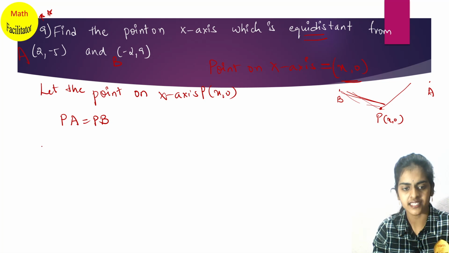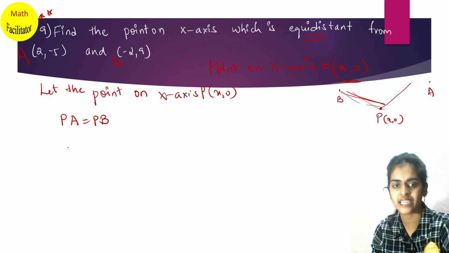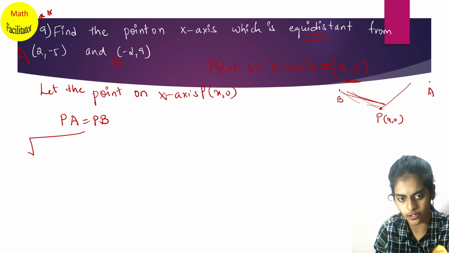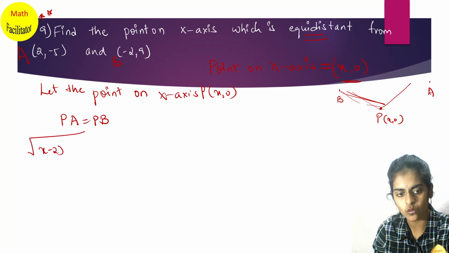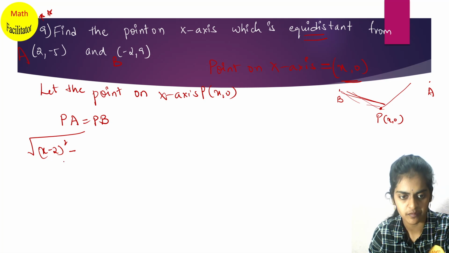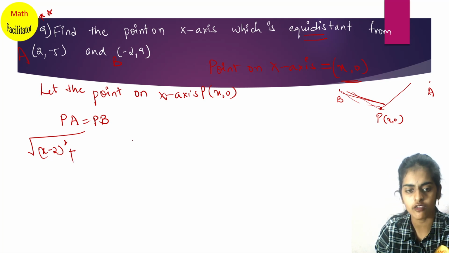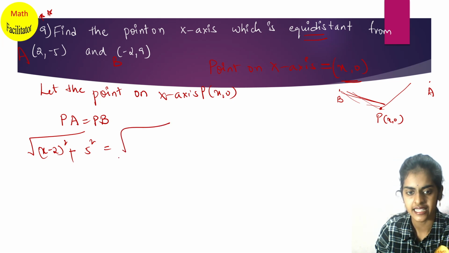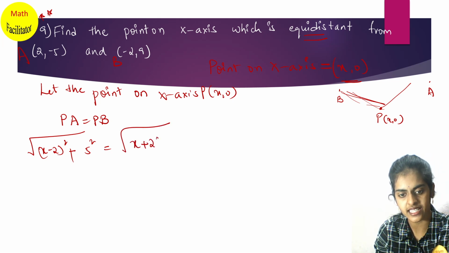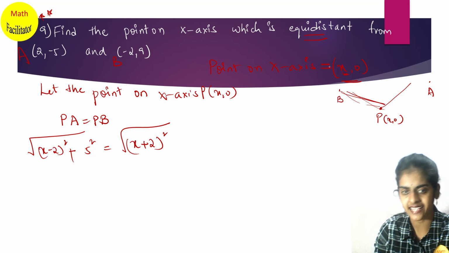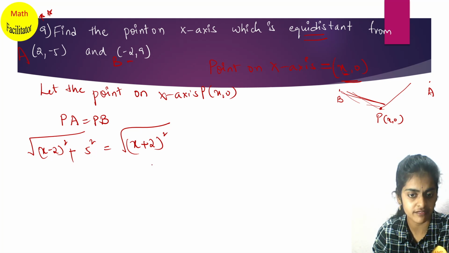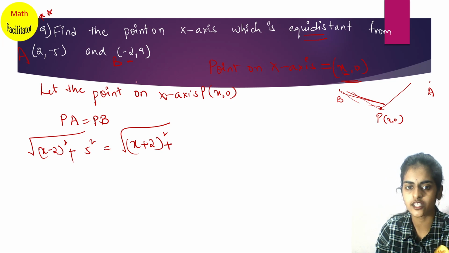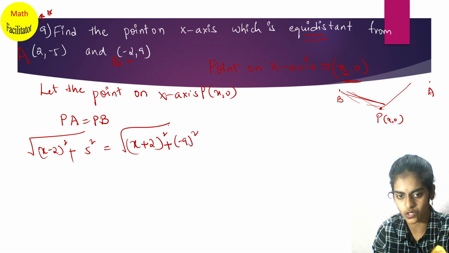Now let us write what is PA. P is (x, 0) and A is (2, -5). So it is root over (x - 2) whole square plus (0 - (-5)) square, which is 5 square, is equal to root over PB. It is (x - (-2)), which is (x + 2) whole square, plus (0 - 9), which is (-9) whole square.